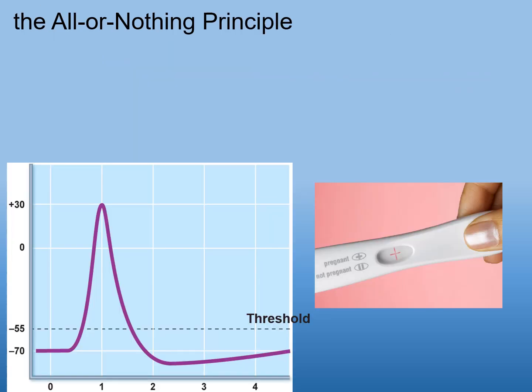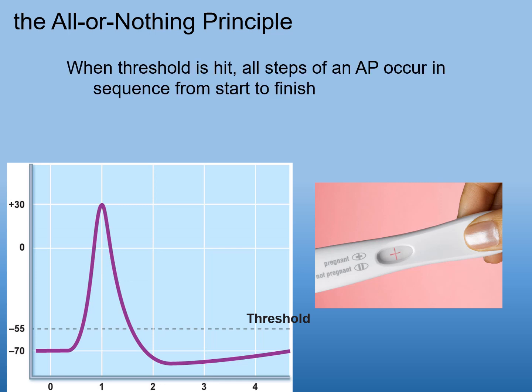The first thing that you need to know about an action potential is that the series of predictable changes all happen or they don't. There's no half action potential. When we hit a certain threshold, all of the steps of an action potential will proceed from start to finish, and we will define those steps.